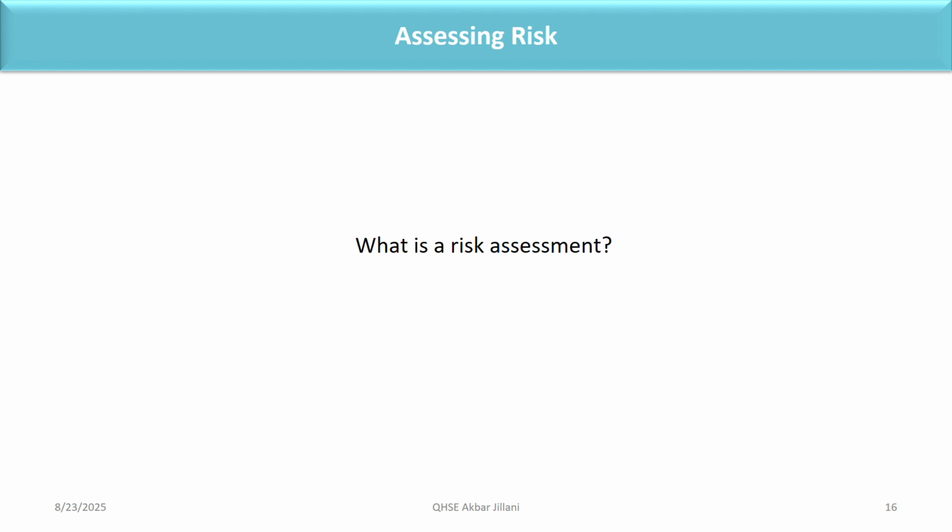When it becomes green, then we carry on. So when we are walking or doing any type of activity and we imagine what could happen here and there, this imagination is called a risk assessment.